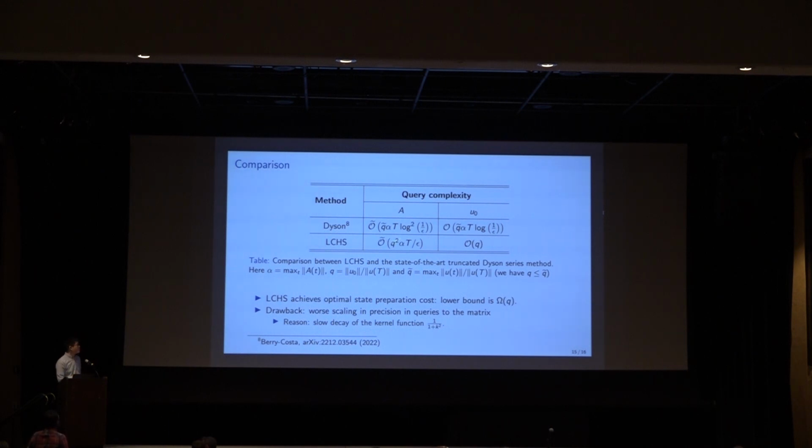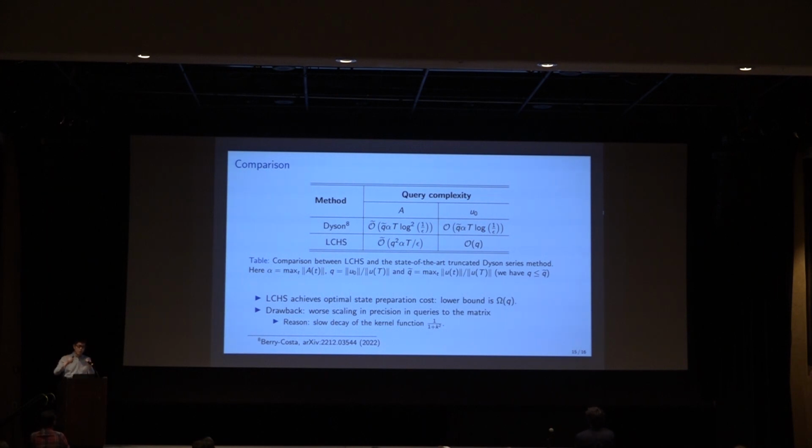The primary cost is in terms of the matrix that we have. For now, we assume some kind of sparse input or block-encoded input, and it turns out that our algorithm has worse scaling compared to the state-of-the-art algorithm, especially in the precision parameter. The reason is that in our linear combination formula, we have a kernel function, a Cauchy distribution kernel.